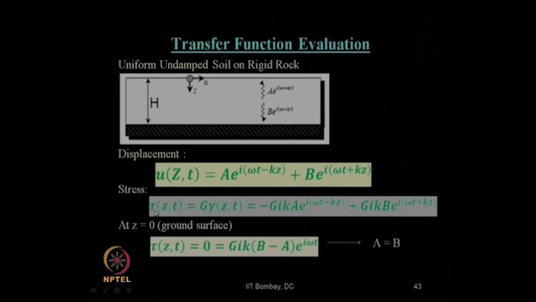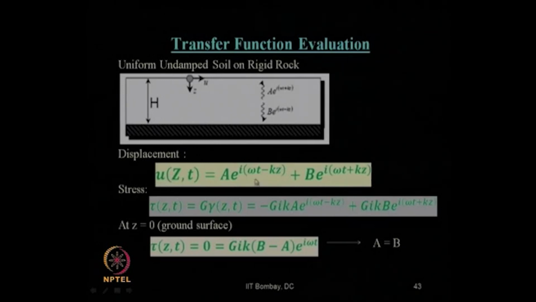Stress can be expressed as a function of z and t again, which is the shear modulus times the shear strain. How can we obtain the shear strain? We can get it from the displacement function, by differentiating it with respect to z.